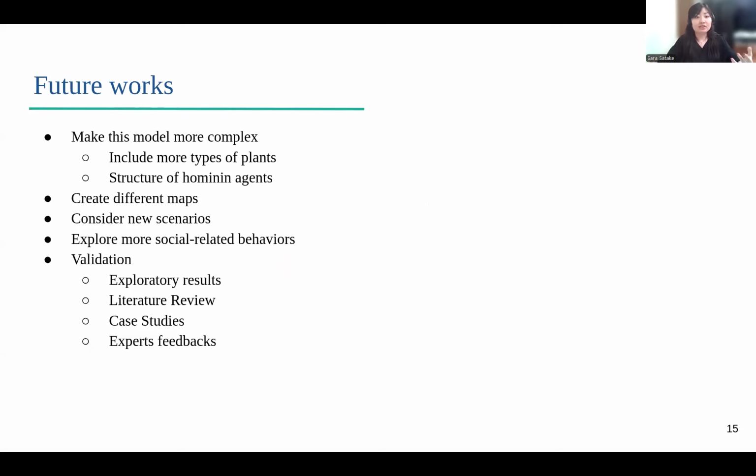Also, the structure of hominin agents is currently pretty simple, and we can explore it more, trying different computational approaches as the model becomes more complex. We also want to create new maps, new scenarios, especially to explore more social related behaviors.